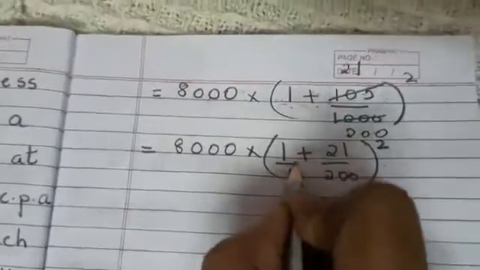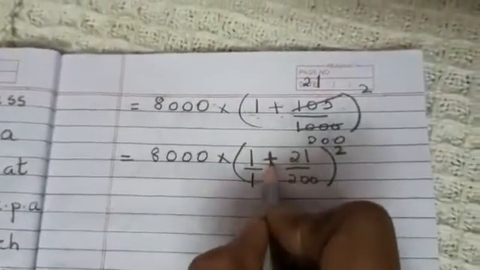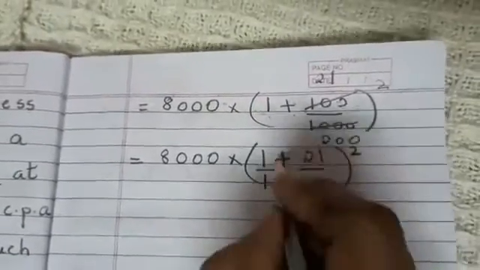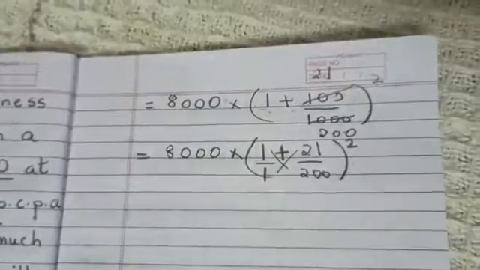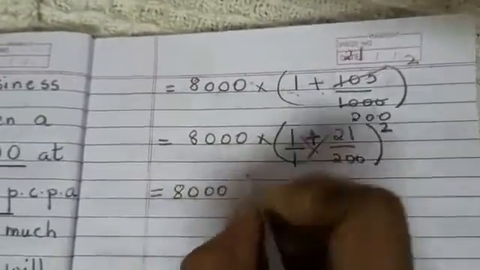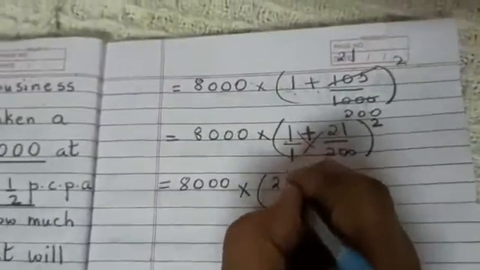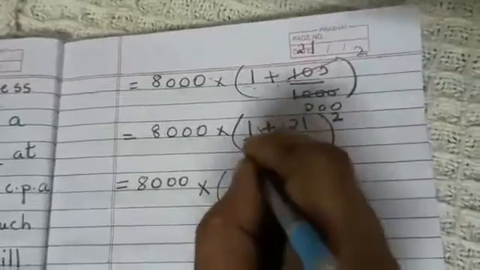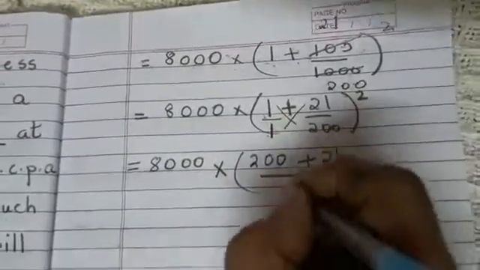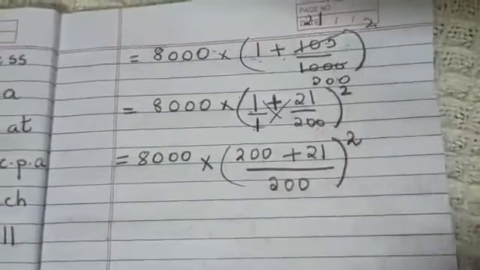Now again boys, there's no denominator, so I'm putting 1. The operation is addition. The denominators are unequal, so we have to equalize the denominators by cross multiplication. So that is 8,000 into 1 into 200 is 200 plus 1 into 21 is 21 upon 1 into 200 is 200 the whole raised to the power of 2.